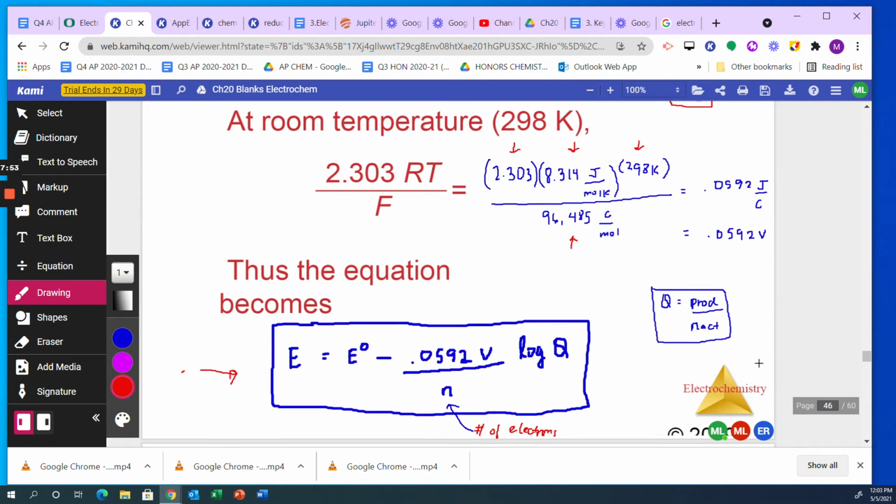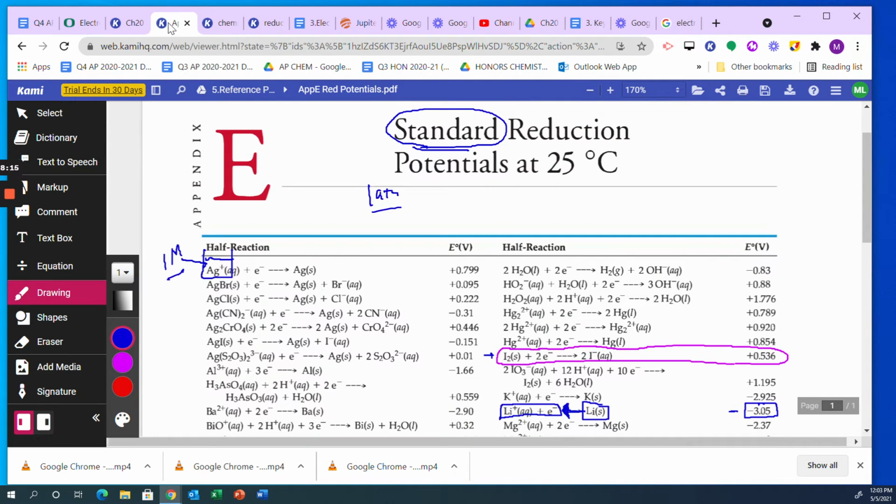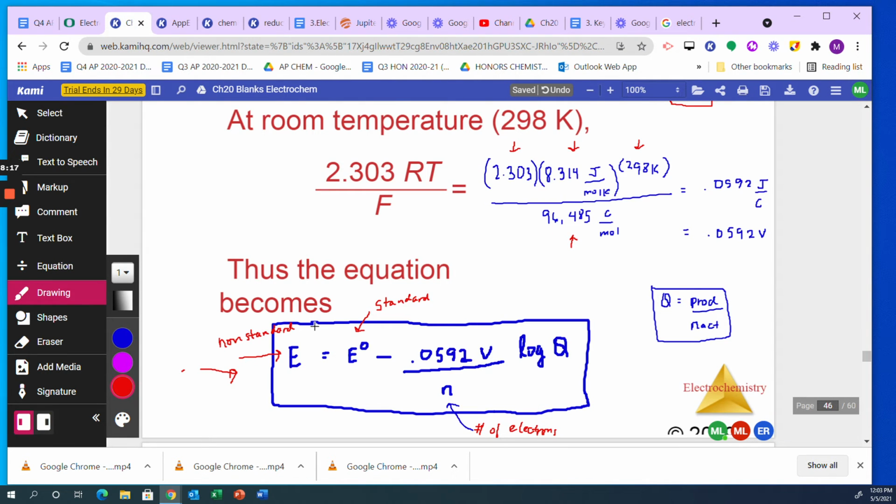All right, so now you have your formula. Your formula states that if you wanted the cell potential at non-standard conditions, maybe you didn't want to use 1 molar, all you have to do is take the cell potential at standard conditions, which you get by using appendix E right here, and then do a little bit of adjustment.